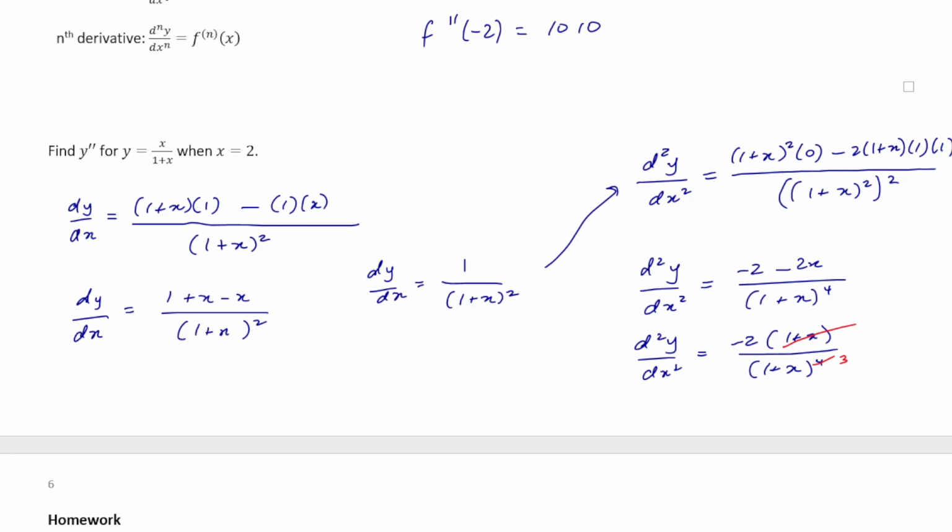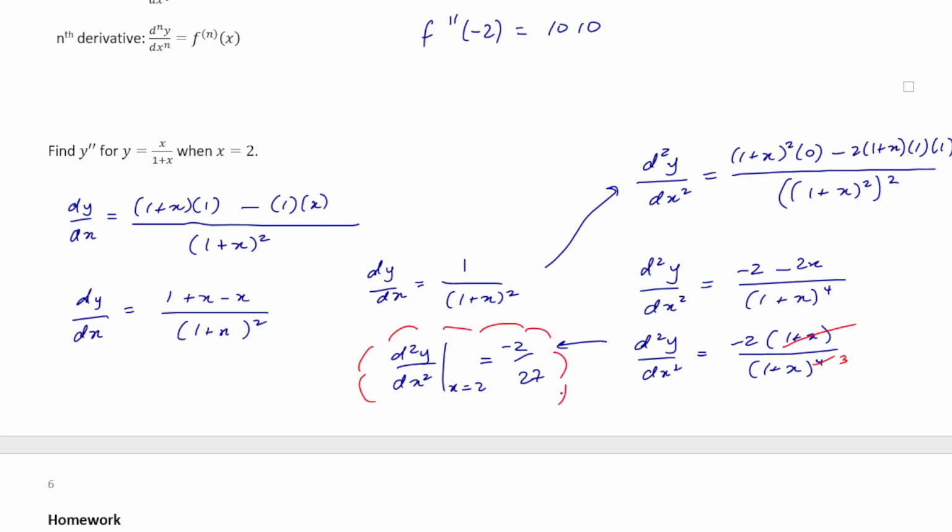Getting a little tight here, but d squared y over dx squared when x is equal to 2, I sub x is equal to 2 over here, and I will get negative 2 over 27. So there's my final answer right there.